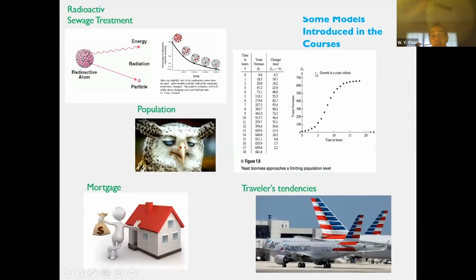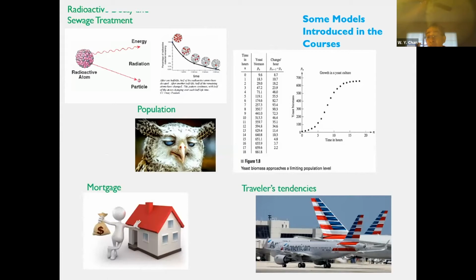Right, so this is some example of what we covered in this course so far, and we are on the system of differential equations. We have a scenario with one regional airport, one hub, and then you have several airlines available.